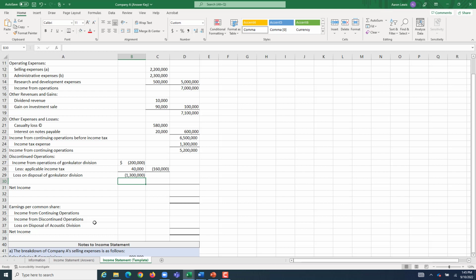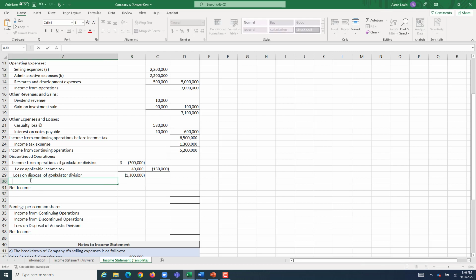We sold all the equipment that we used to build gonculators. Apparently nobody wanted to pay a high price for it. We sold it for $1.3 million less than our books said it was worth. Thankfully, at least we got to use that as a loss on our tax filing to reduce the amount of tax we had to pay. So we need to also offset this guy by its applicable income tax reduction in this case.